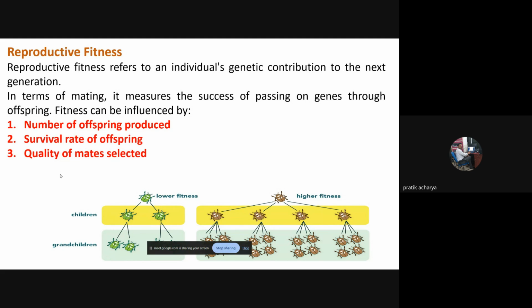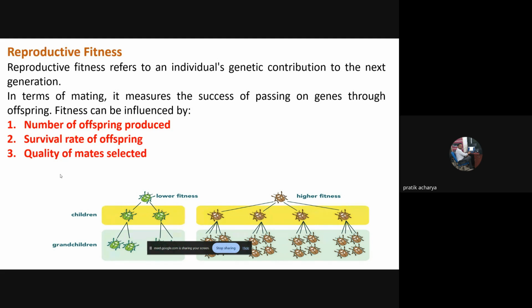If one organism is not selecting a quality mate, then it will produce very low quality offsprings. That means the survival rate will be very low, and number of offspring production also may or may not be low. Those are the factors that influence the fitness.